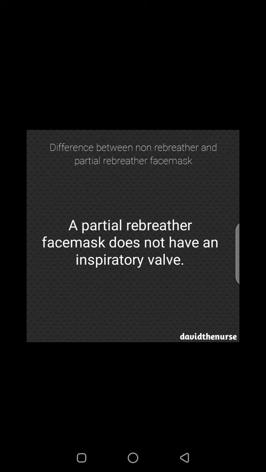But now that a partial rebreather does not have an inspiratory valve, it means that when the patient expires, CO2 has that privilege of entering the reservoir bag. And then when the patient wants to inspire air, the patient will inspire part of that CO2 into the lungs. So that is a major difference between a non-rebreather and a partial rebreather face mask.